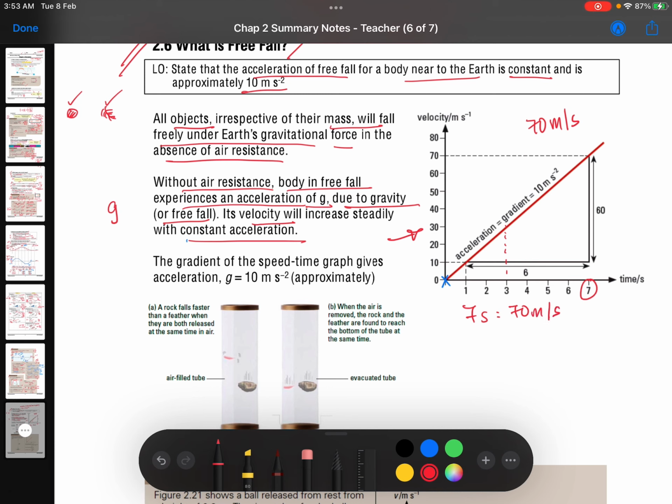Now sometimes you may need to convert this, right? If I convert this to kilometers per hour, it's actually 70 meter divided by 1 second. Now if I were to take a calculator and calculate, 1 second is 1 divided by 3600 of an hour, and 70 meters is actually 70 divided by 1000 meters to form kilometer.